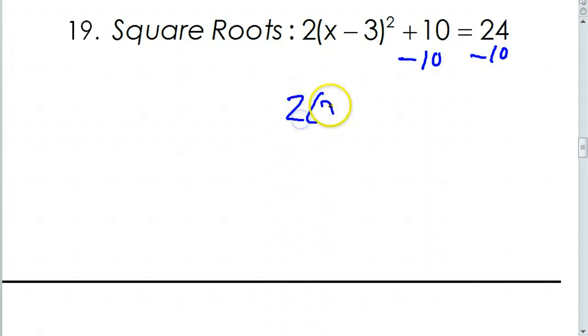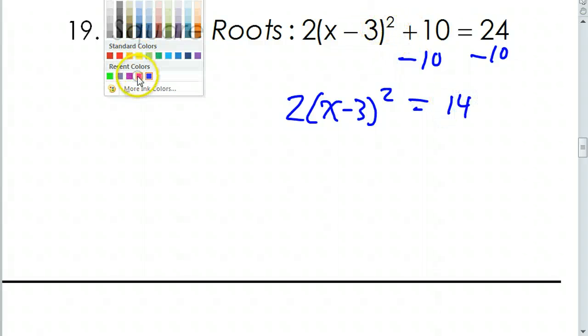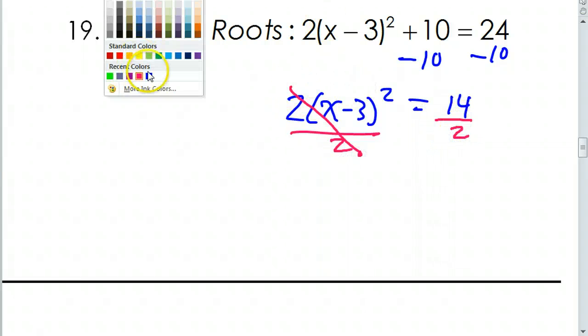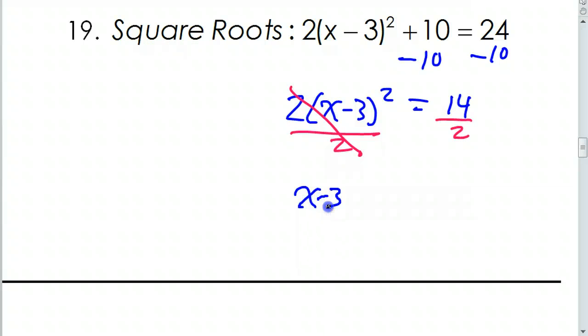That will give me 2 times x minus 3 squared is equal to 14. What am I going to do next? Right, just like we did when this was a q. The key is I'm not going to distribute or anything like that. I'm just going to divide by 2, just like I would if it was a q. All right, and that's going to give me x minus 3 squared is equal to 7.